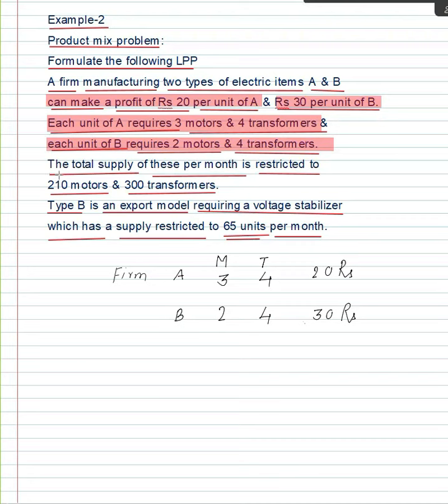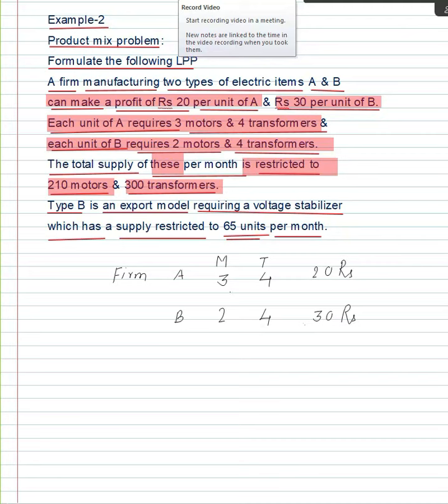And it is given that total supply of these, that means total supply of motors and transformers, is restricted to 210 motors and 300 transformers. That is, quantity of motors and transformers available per month is given.